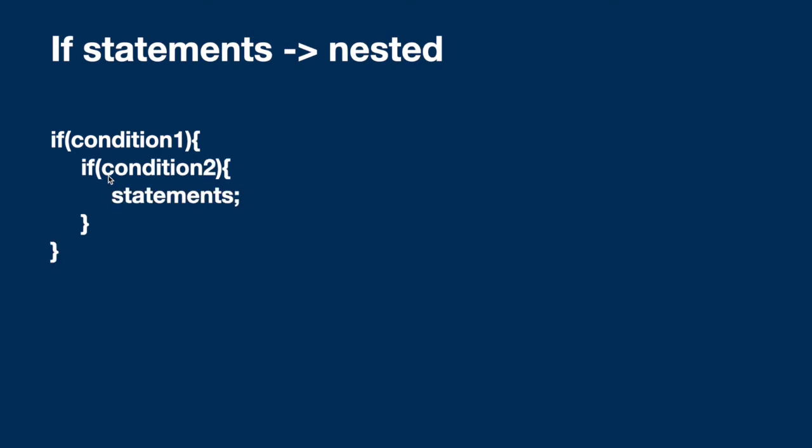So we will have another if statement in here with another condition and statements. So if this is true and if this is true, we will do this one. If this is true and this is false, we will do statements, if there are any, outside of the inside if statement. If there are none, we'll go out of all the if statements.